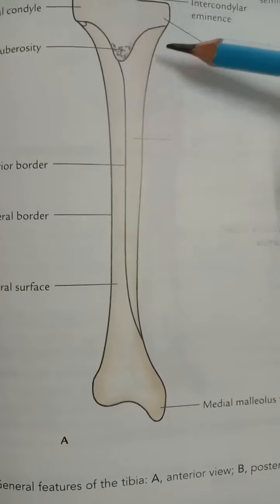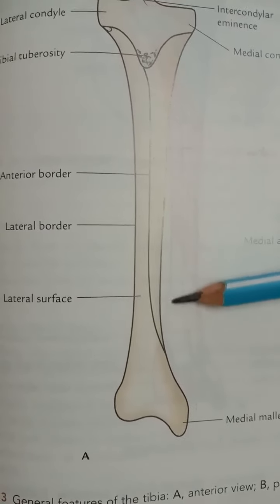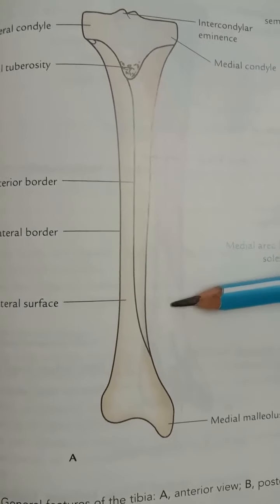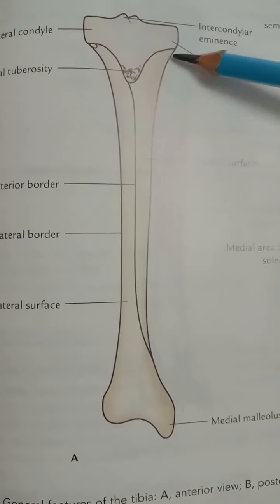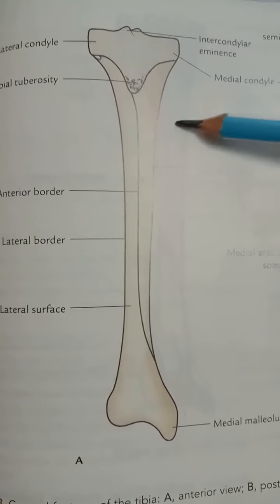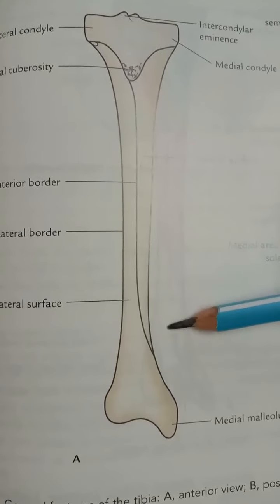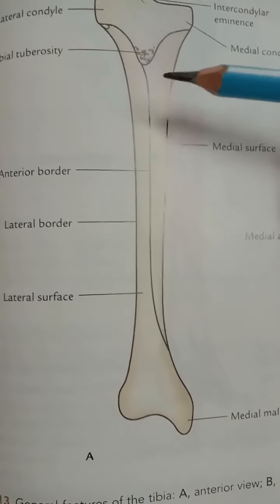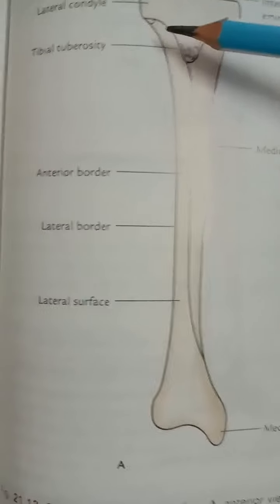Then the medial border, so this one. The medial border is rounded and extends from the medial condyle, goes downwards to the posterior border of the medial malleolus. Then this is the lateral border.